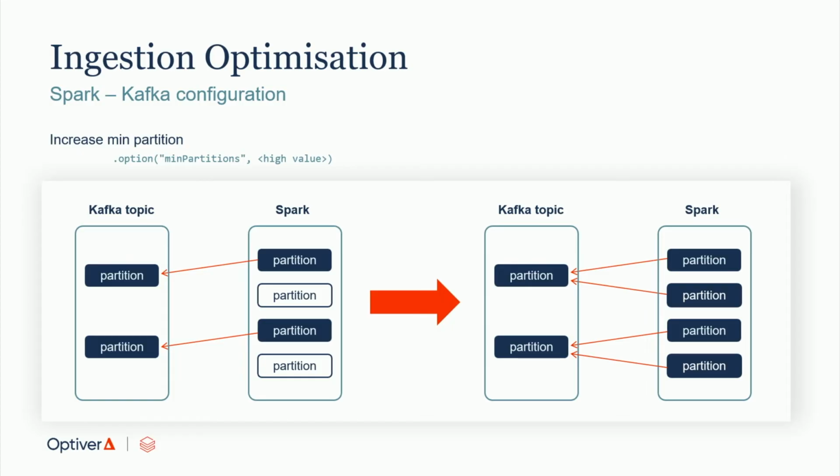So if you have a very large Spark cluster, there's a good chance that the cluster is going to be underutilized. By increasing this min partition value, Spark would provision more tasks to read from these Kafka topic partitions. Thanks to the increased parallelism, this significantly improves our throughput and latency.